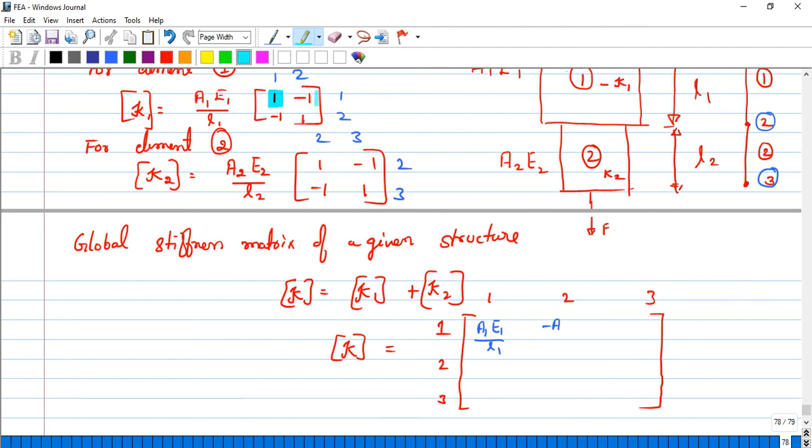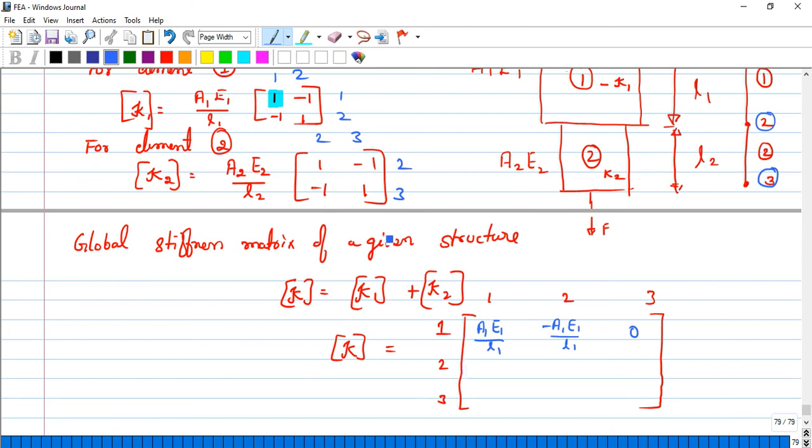Next the 2 1 position is minus A1 E1 by L1, and we don't have the 3 1 position, so we fill that as 0.